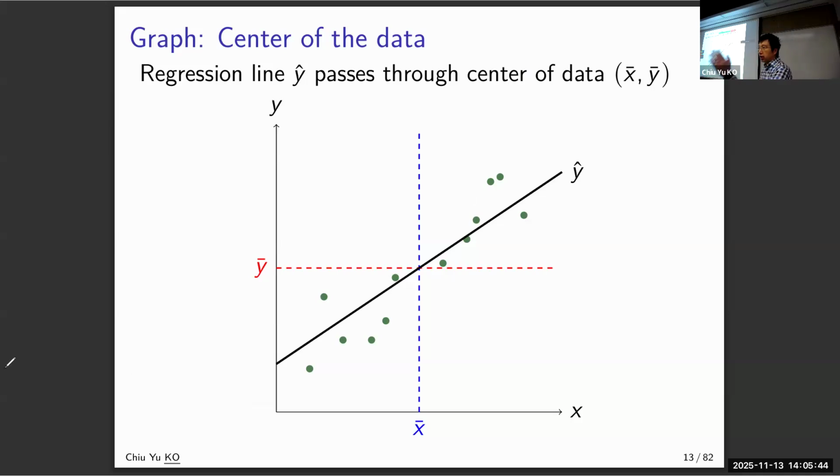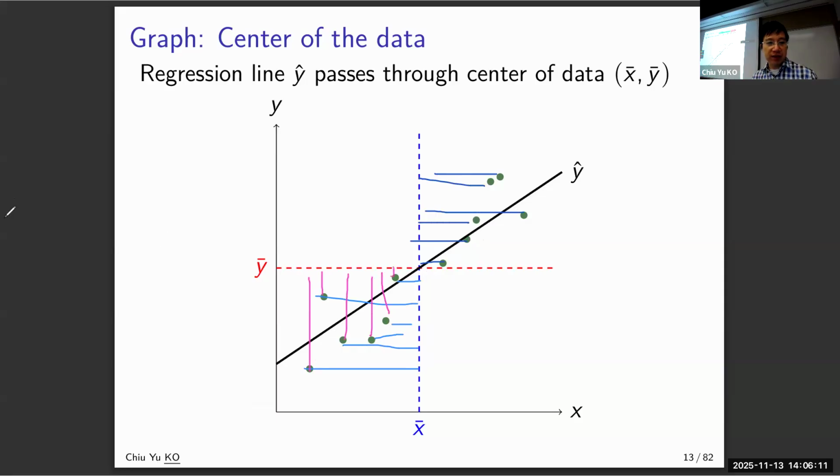Mean is where the distances from the left add up to the same as the distances from the right. It's in the middle. Same for y: the distances from below should be the same as from above.